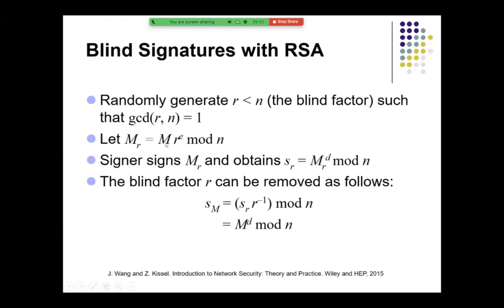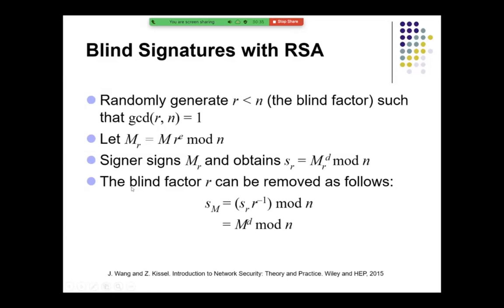So I present M sub R to the signer. The signer won't be able to see what M is. The signer signs M sub R, which means the signer will carry out this calculation: raise M sub R to the Dth power and take the modulus. The signature on M sub R is S sub R. Remember, we can use the fast exponentiation algorithm to compute this efficiently.